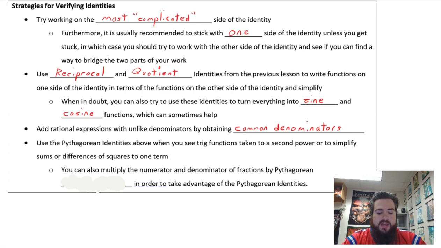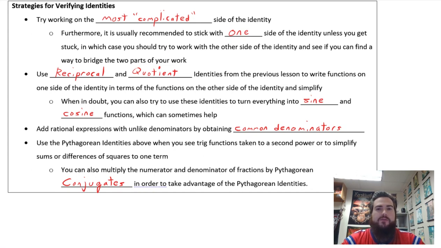In terms of fractions, you can also try to multiply the numerator and denominator of fractions by Pythagorean conjugates in order to take advantage of those Pythagorean identities. Remember that the alternate forms of the Pythagorean identities demonstrated earlier show that you can consider expressions like 1 minus cosine squared of theta as a difference of squares, which means 1 minus cosine squared of theta could be thought of as 1 minus cosine theta and 1 plus cosine of theta.